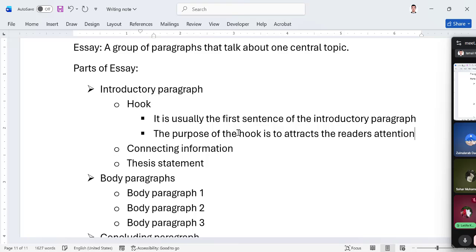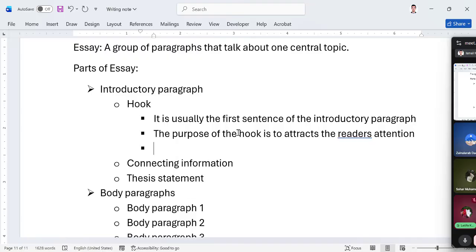Simply, the hook statement would encourage or persuade the reader to read the rest of the paragraph, the rest of the essay as a whole. So the hook is the most important part. Its purpose is to attract the reader's attention.